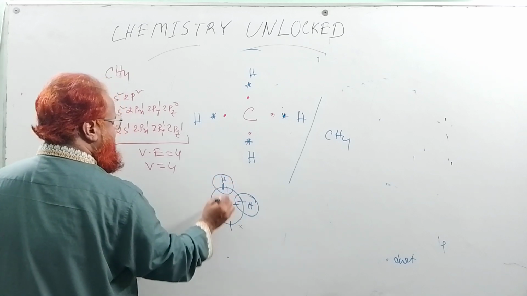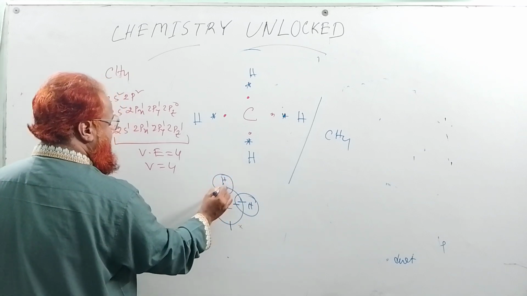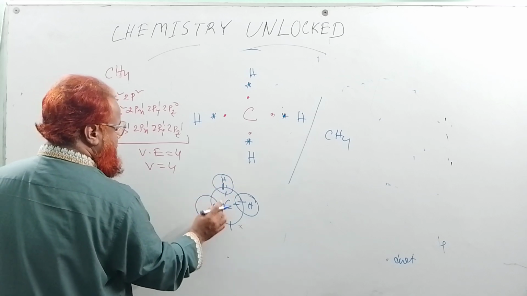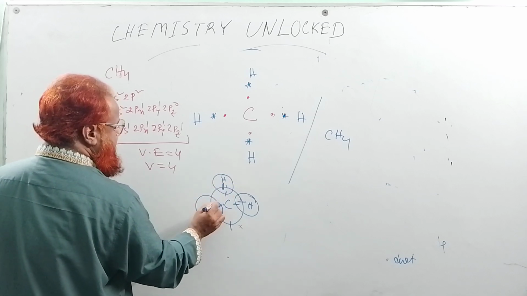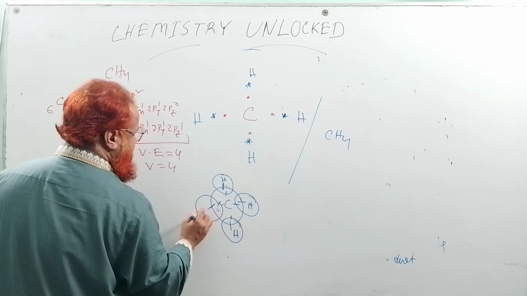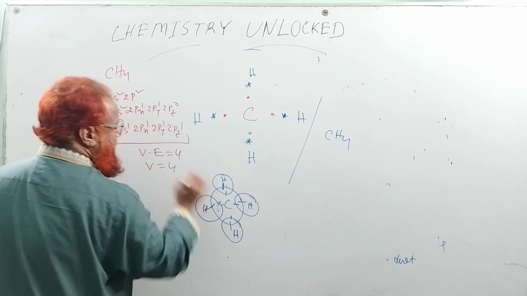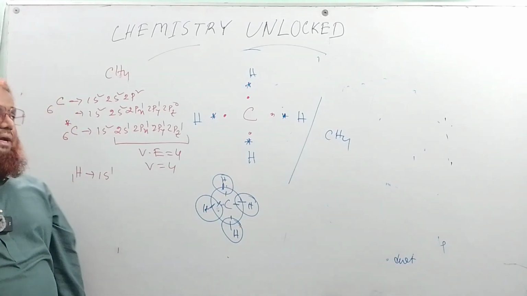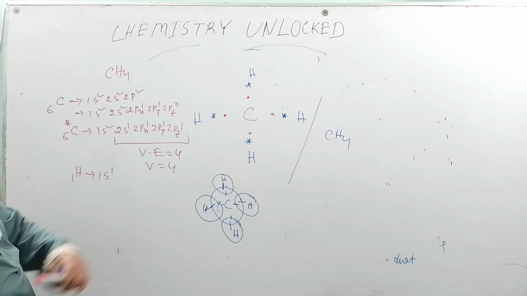My dear students, you have to practice these diagrams by yourself through writing. You can use a pencil or compass if required for a better structure. So this is the other diagram of your CH4, that is the orbit diagram.